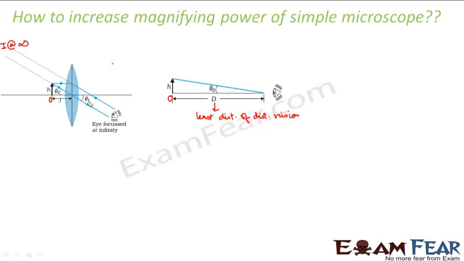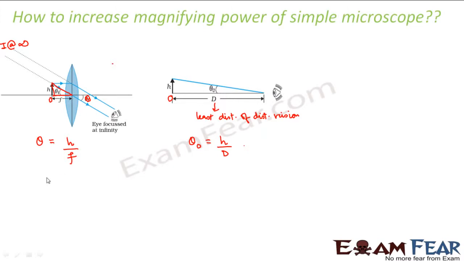Since we are dealing with small angles, instead of tan theta we can write theta, which is equal to, if you look at this triangle, theta = h/f. And theta naught in this case will be nothing but h/d.